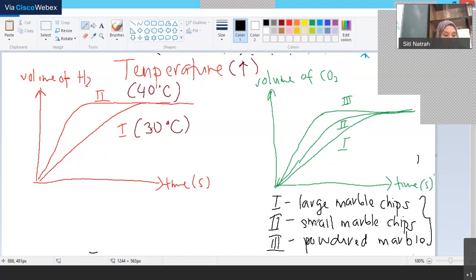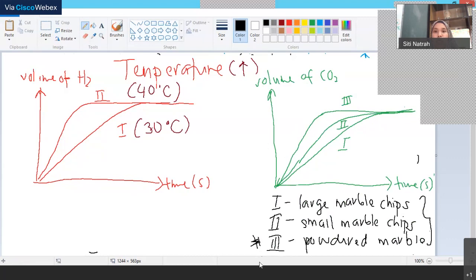Kalau particle size decrease, which is like a powder, so the total surface area ni akan jadi besar, and then frequency of effective collision increase, so the rate of reaction also akan increase. Jadi powder ni particle size dah decrease, tapi total surface area kita besar, dan dia akan jadi faster rate of reaction.